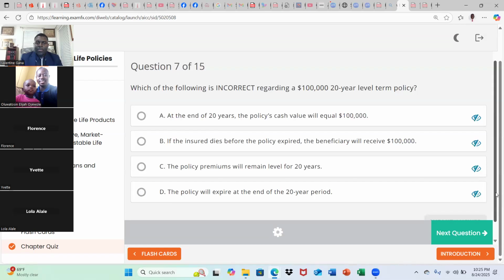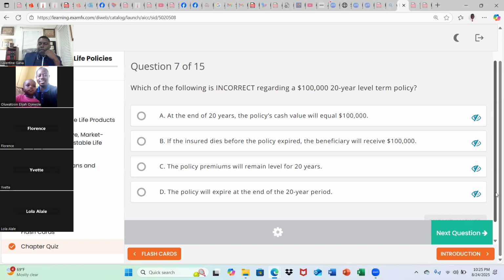Okay. Which of the following is incorrect regarding a $100,000 20-year level term policy? A, at the end of 20 years, the policy cash value will equal $100,000. B, if the insured dies before the policy expired, the beneficiary will receive $100,000.